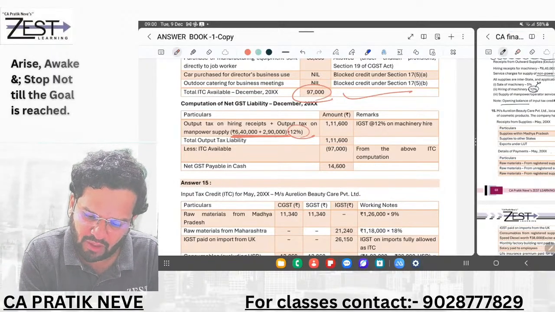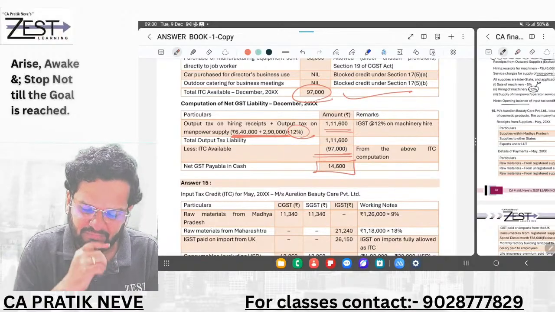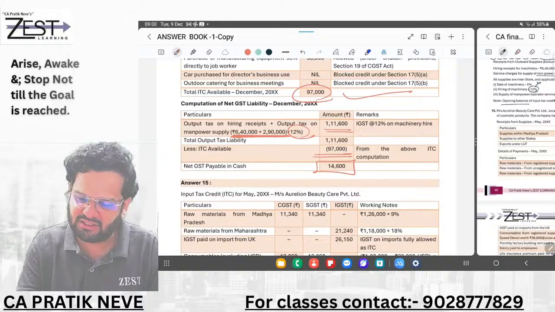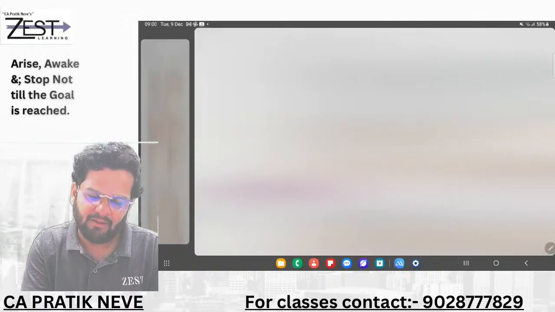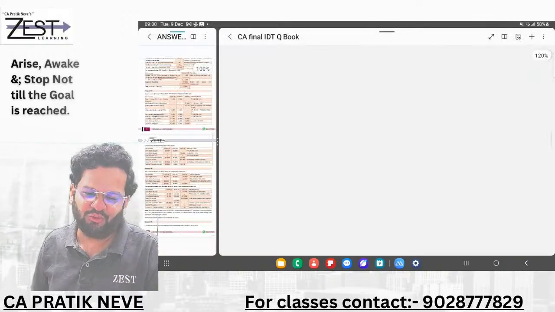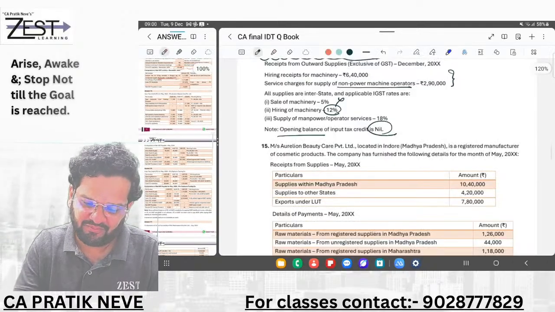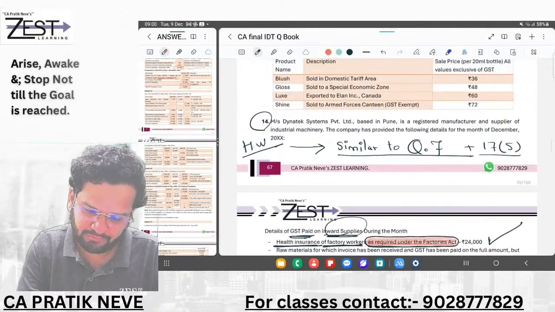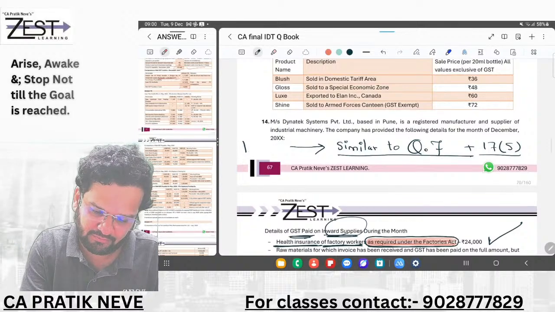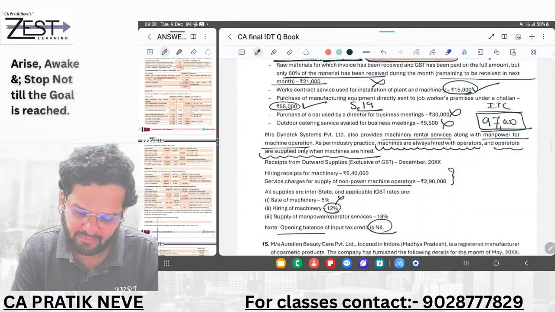That's why you apply 12% on the entire and then take ITC. You will get net GST payable. So we have solved it. No need of homework now. We have solved it. Okay.